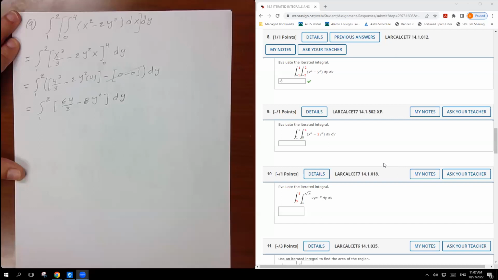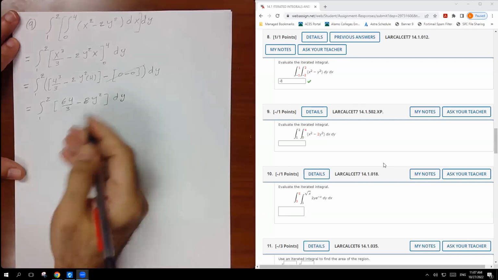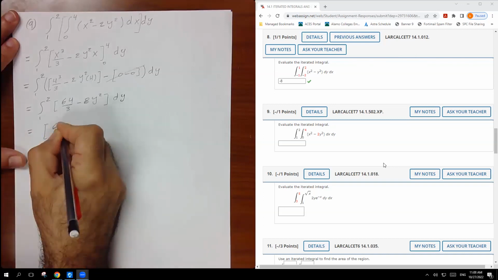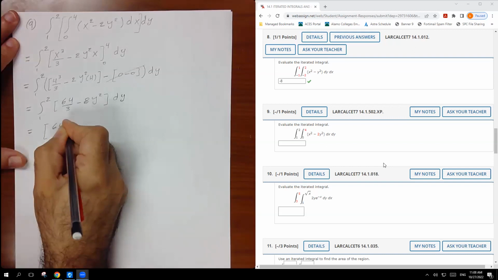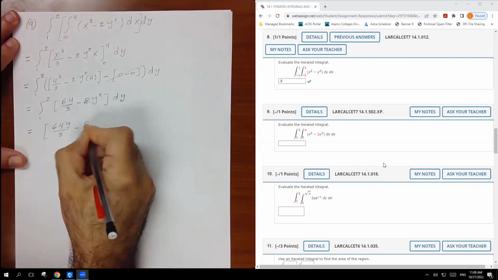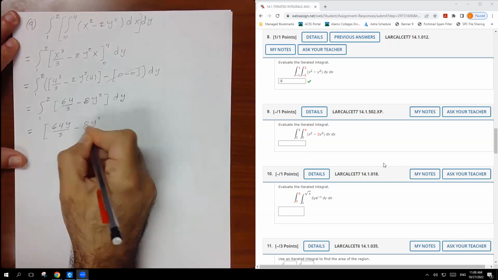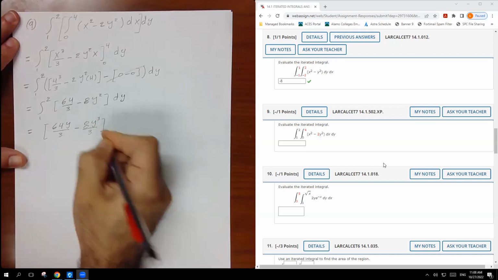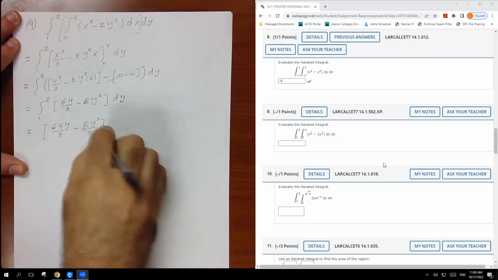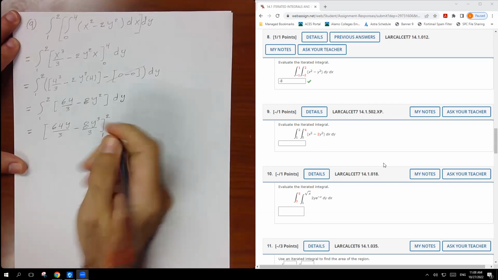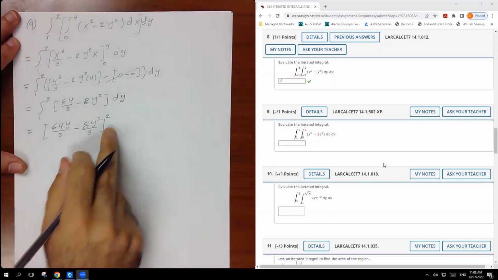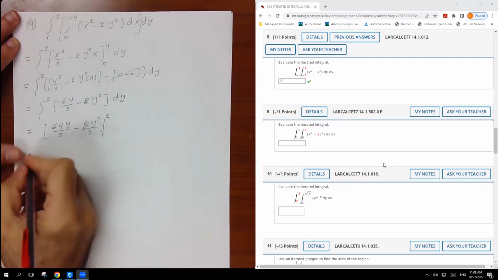Let's keep going. Now we're going to do the integral with respect to the y. So this one is going to be equal to 64y over 3 minus 8y cubed over 3, and from 1 to 2. So now we're just going to plug in 2, then plug in the 1.